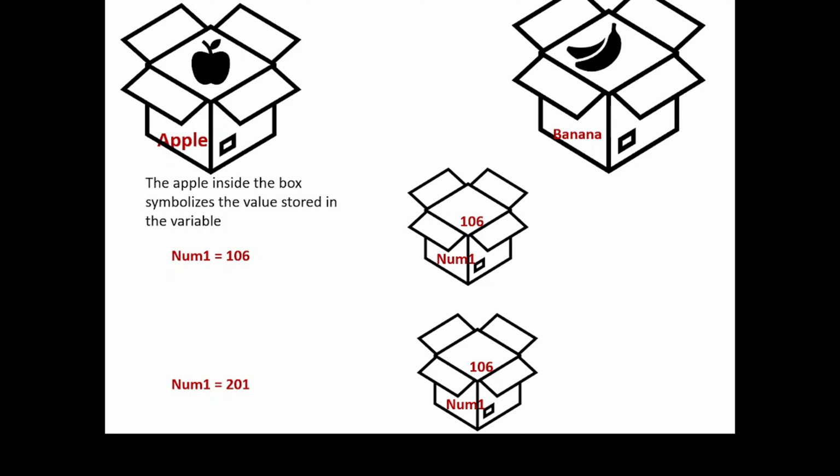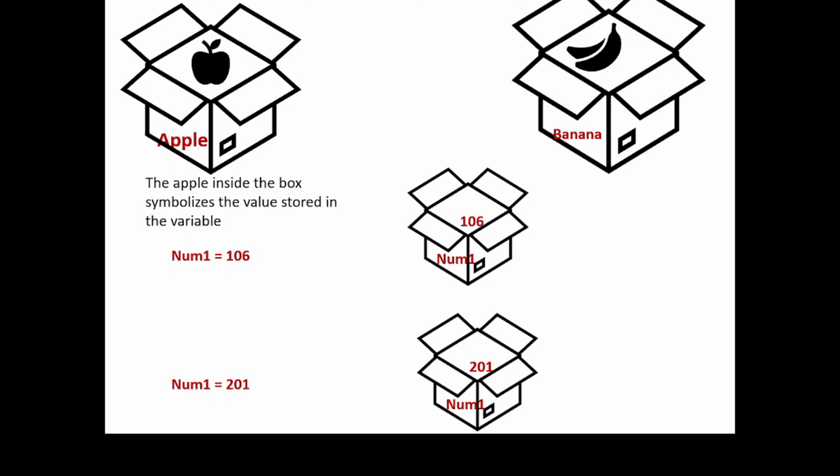But in Python, when you write num1 and assign an integer, it will become an integer variable. Suppose we give a string, it will become a string. Similarly, if you give a float value, it becomes a float variable. So we don't need to specify the type of variable when we declare it.